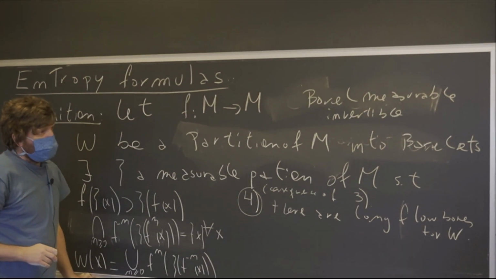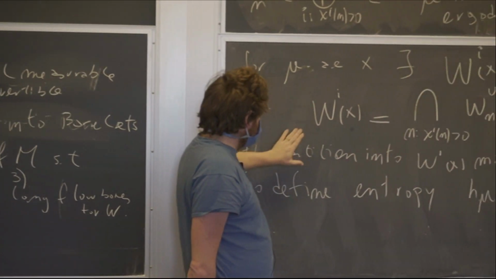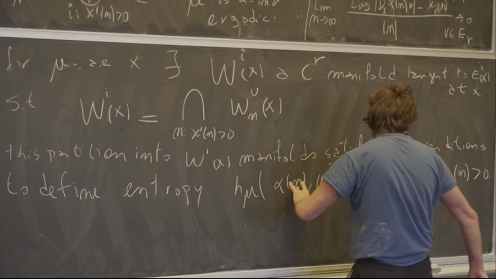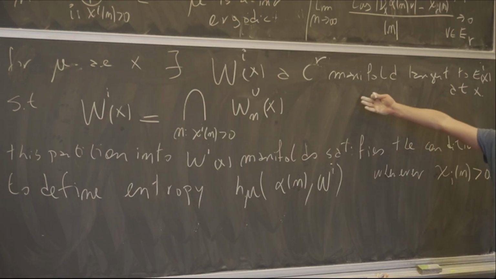The proof, as I said, is the Pesin Stable Manifold Theorem and some transversality. For this you fix n such that this property is true, then pick the unstable manifold for n. The W^i will be inside this unstable manifold for n, by definition of W^i.